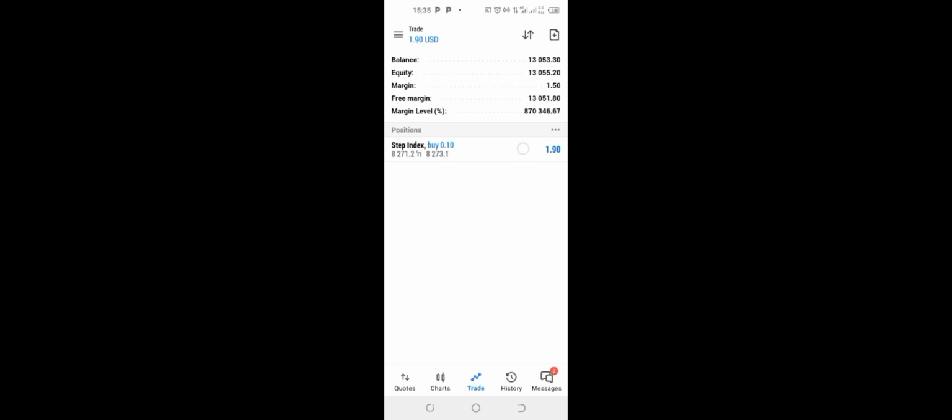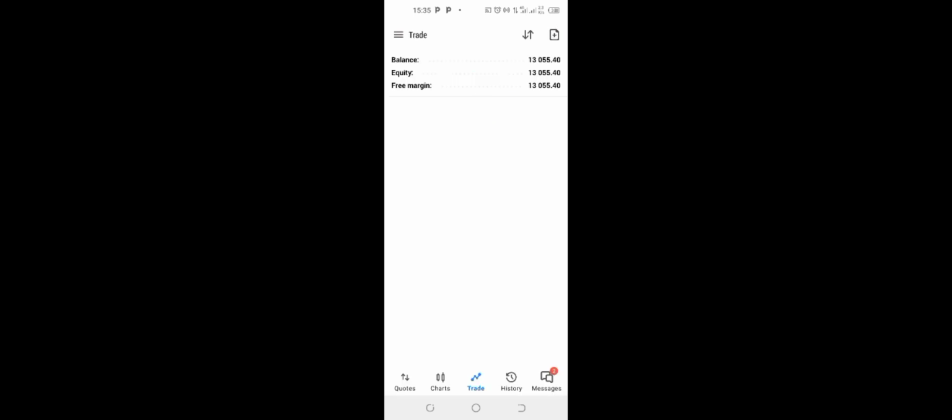But if you want to close just one position, you long press over here, you go on close position, down over here where it is written close with profit, then you click over there, and you would have closed the trades. Same applies with this one: long press, close position, close with profit. Okay, so as you can see, our trades have been closed.